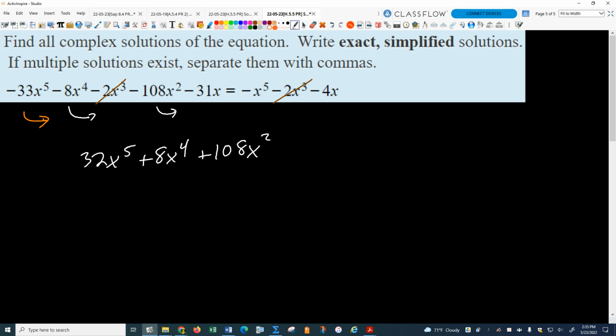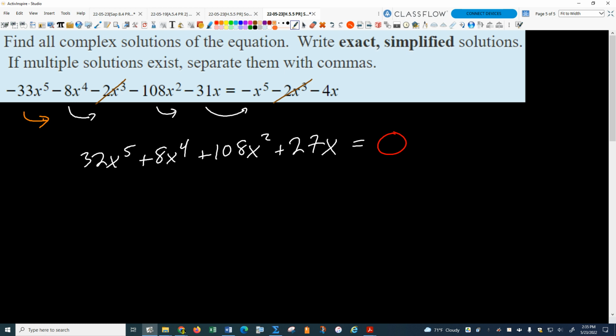And then finally, if I add 31x to negative 4x, I get 27x. And the whole thing is equal to 0, right?